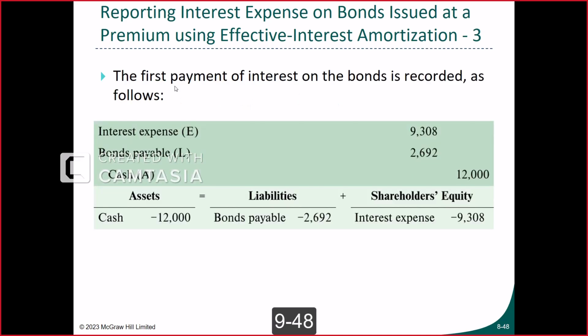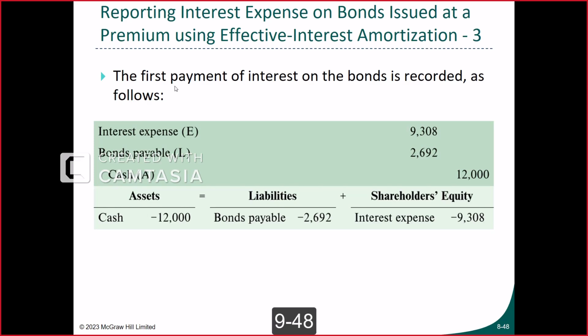And the journal entry is, because in this case the interest expense is lower than the cash amount, to balance the journal entry you have to locate the bonds payable on the debit side, not on the credit side. Credit cash $12,000, debit interest expense for a lower amount of $9,000. In order for the journal entry to balance, we have to debit the liability. What does it mean, debit a liability? Debit a liability simply means subtract the amount, because a liability will increase on the credit side and decrease on the debit side.